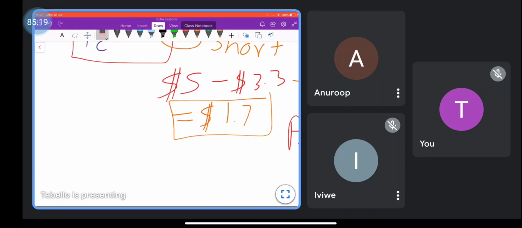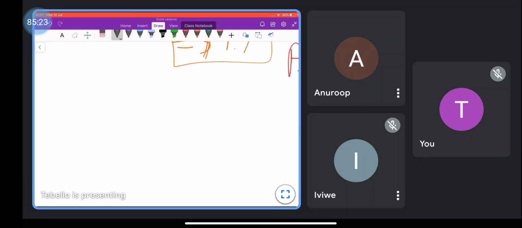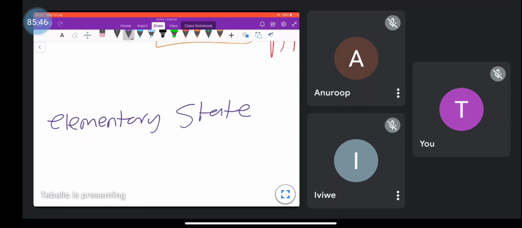So by the definition, when you have an asset under its elementary state, for each state, let's say this is the payoff for state S.